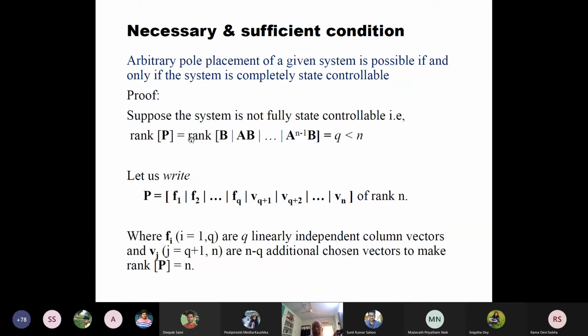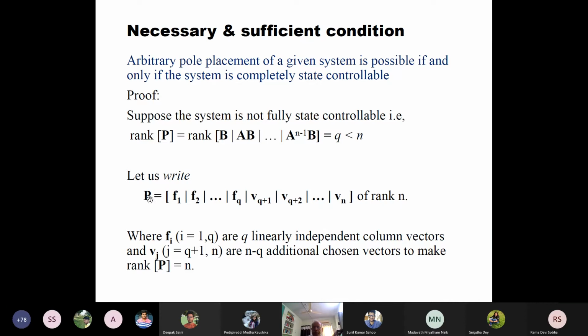If the rank of [B, AB, ..., A^(n-1)B] is less than n, then the system is not state controllable as per our controllability conditions. So here we assume the rank of the controllability matrix is q, which is less than n.